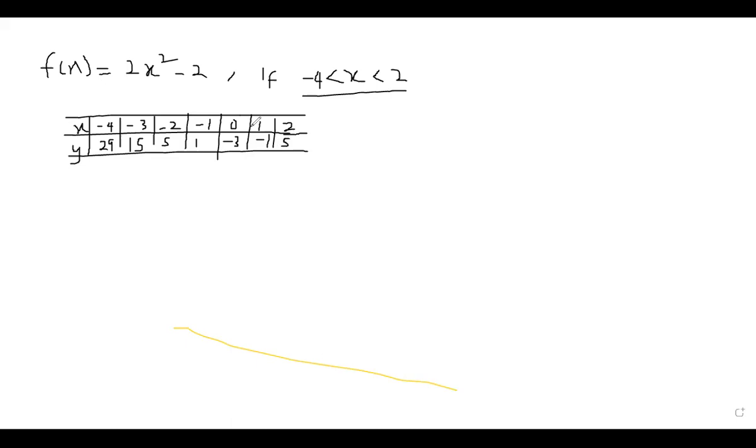That's true. So that will be -1 squared is 1 times 2 is 2 minus 2 is 0. Good. And 0 will also be -2. And then 1 is also going to be what? 0. Yes. 1 will be 0.